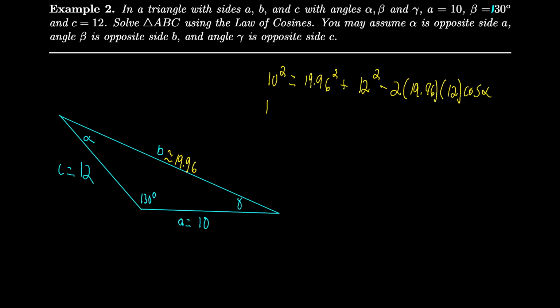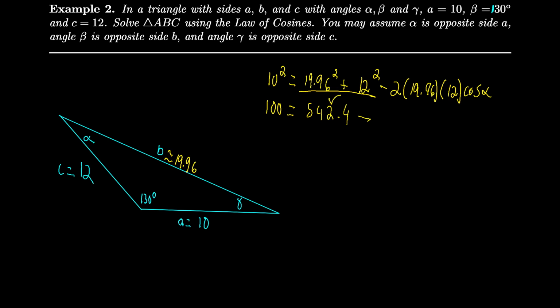Okay, so that's 100 equals 19.96 squared, which is roundabout 398.4016. But we're just going to go ahead and add this 144 to it to get 542.4016. Minus, so I've already done both of these.